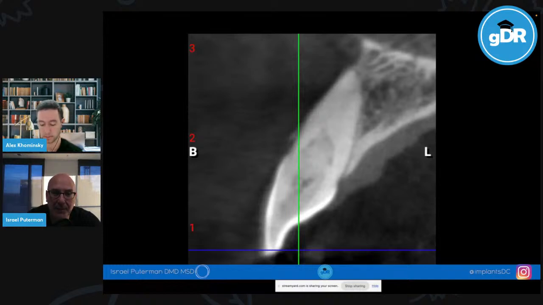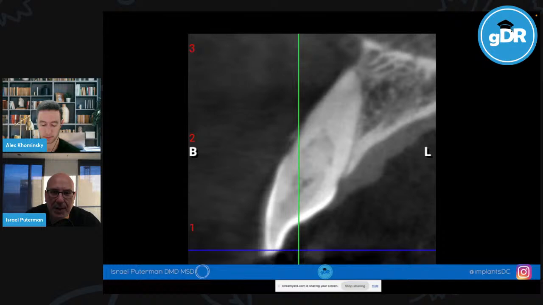What I'm looking at as a periodontist who's about to place an implant here is: is there a facial plate? If there is a facial plate, how incredibly thin is it? If I have a tooth that is not ankylosed and has a thin facial plate like this, my concern is that I'm going to fracture off that facial plate.